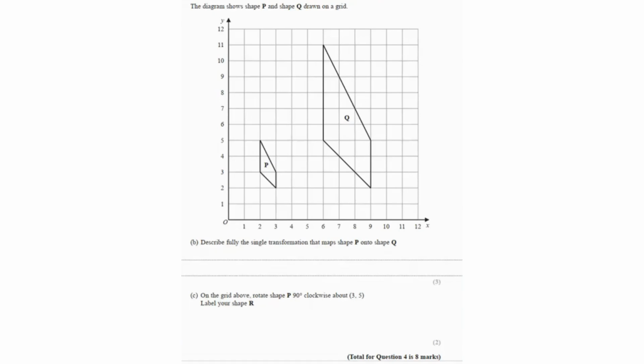So first, let's highlight corresponding lengths and see how they have changed. So let's pick these two. So this one is 2, and this one is 1, 2, 3, 4, 5, 6. So enlargement by the scale factor of 3, because 2 becomes 6.